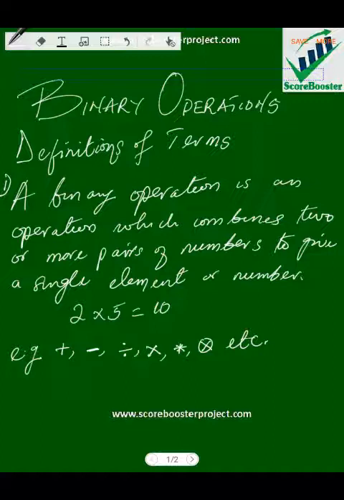So this is a basic definition in binary operation. You need to know what is binary operation. Whenever you are given any question, all this will be defined for you, as we're going to see later.